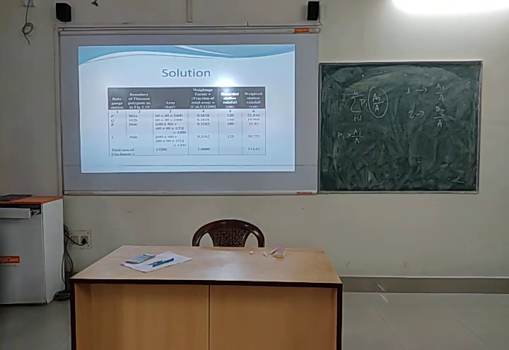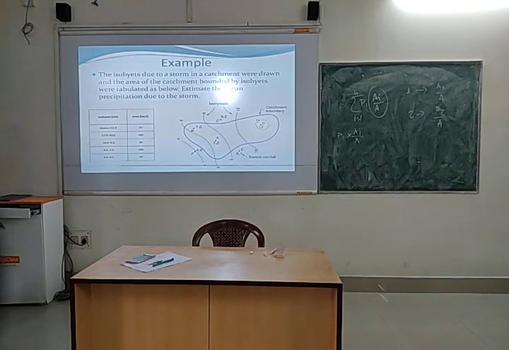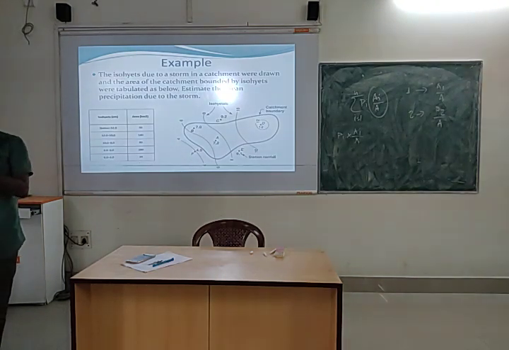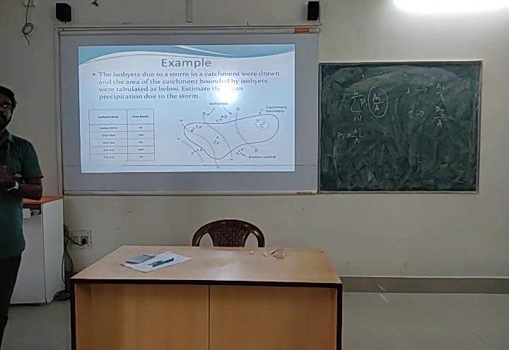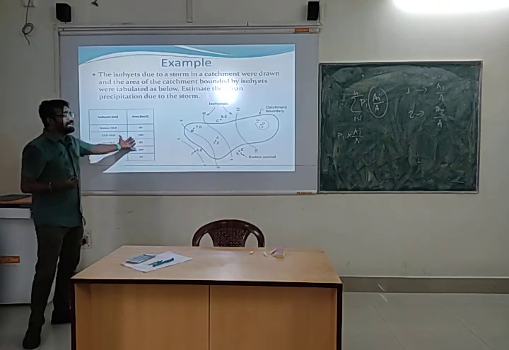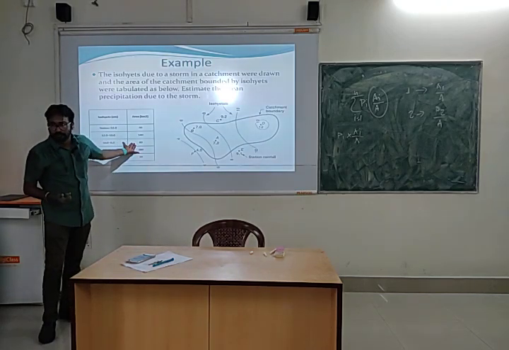Okay. Now another example is there, that is the example of the isohyetal method, where isohyets are given to you and the map is given to you. But because those are arbitrary sections, the catchment area is also arbitrary, and the isohyet lines are also arbitrary, those are not straight lines, right? Those areas are given.